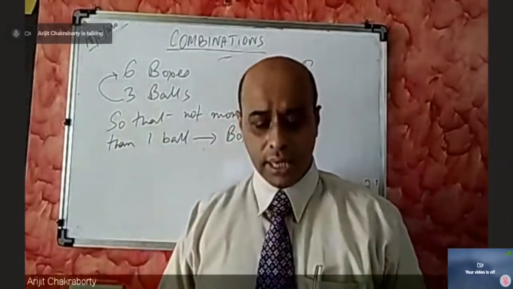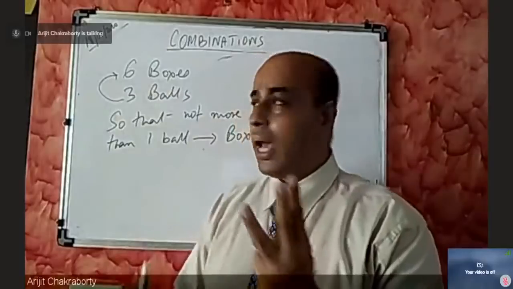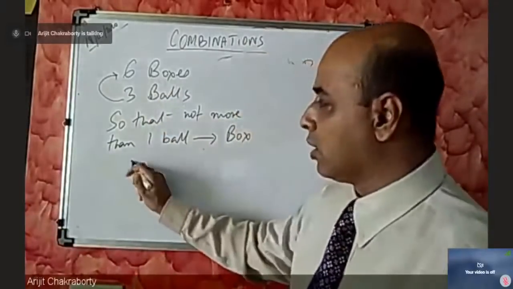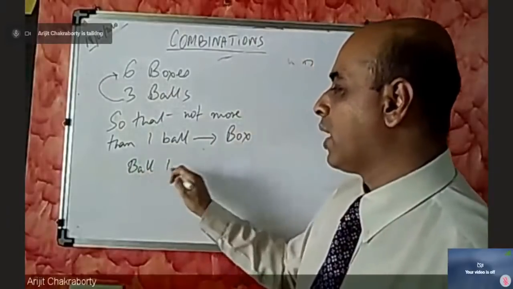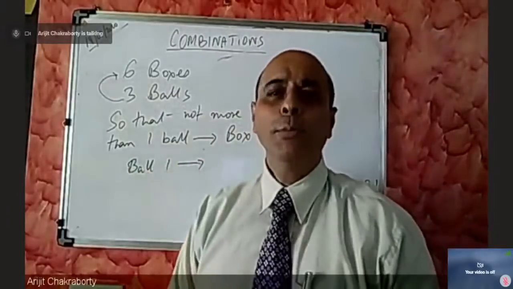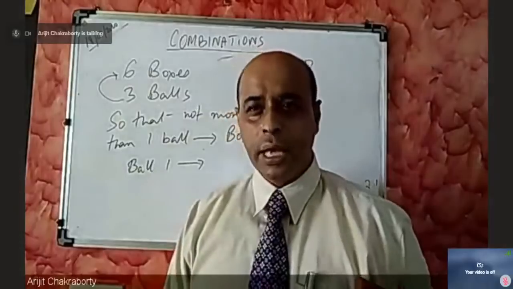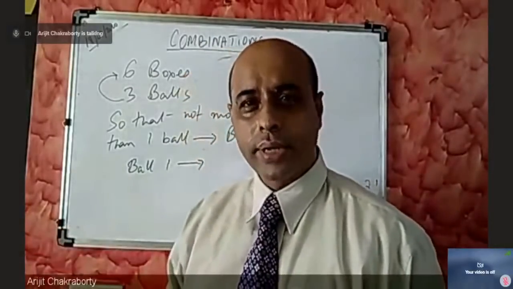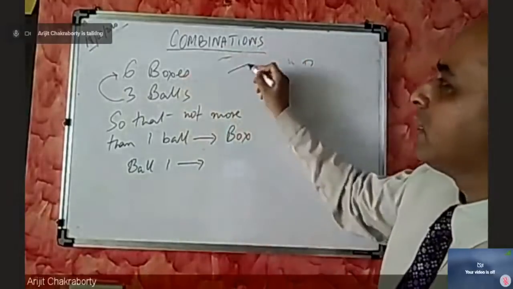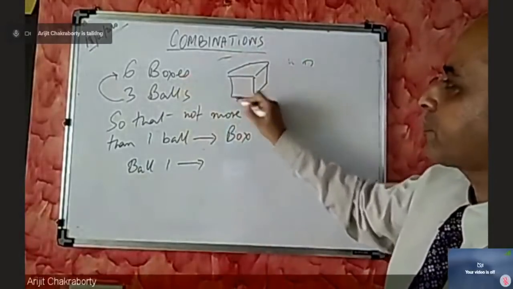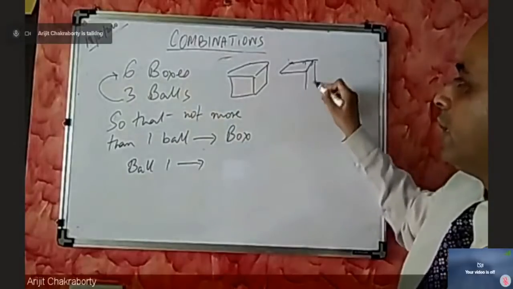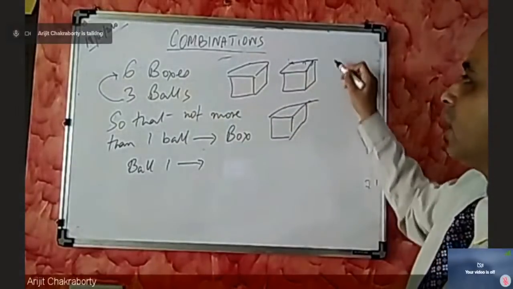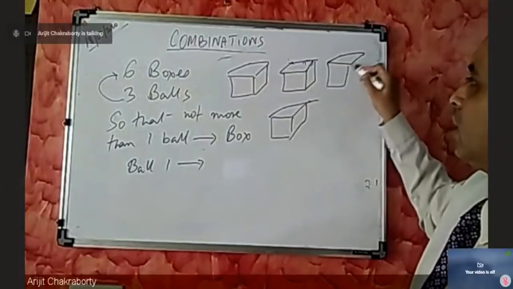So in this case, if I have 3 balls and I have 6 boxes, the first ball, ball 1, in how many ways can I place it? I have 6 boxes and 3 balls, and we have to find out in how many ways we can drop them.